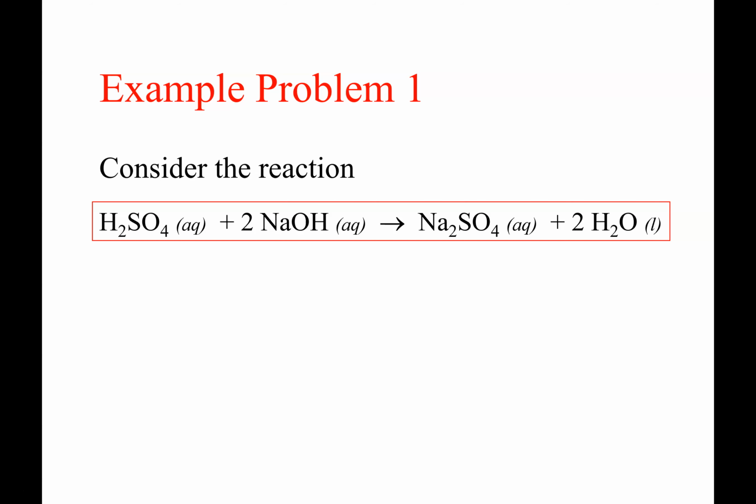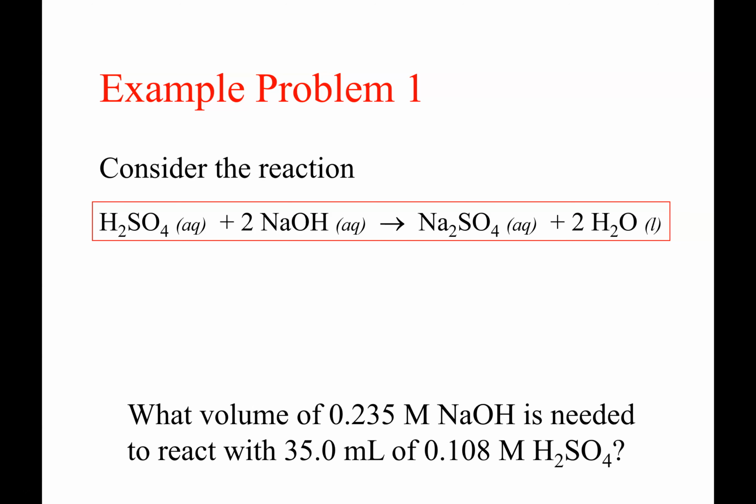Or, excuse me, not sodium chloride, sodium sulfate and water. And here's the question. There are many slightly different variations of this that you could run into. It says, what volume of 0.235 molar NaOH? So I find my NaOH and I write question mark, volume, question mark V.